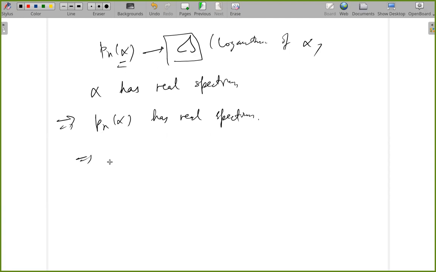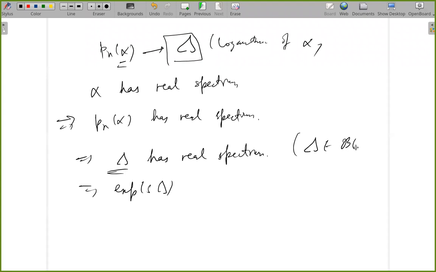So this implies this has real spectrum. And this implies, if I exponentiate this, so you have a self-adjoint, sorry, why am I saying self-adjoint? Here we are not in the Hilbert space setting, it's just an operator in B of H. So again, let me remind myself.